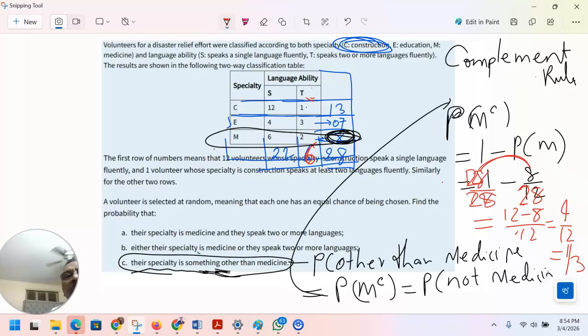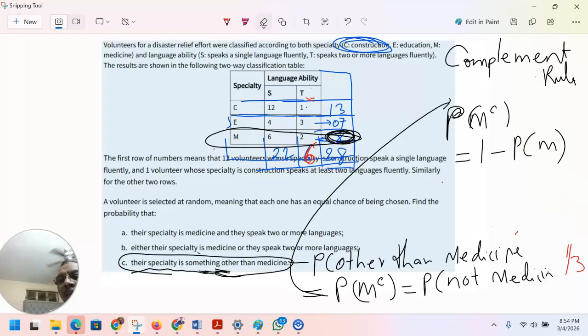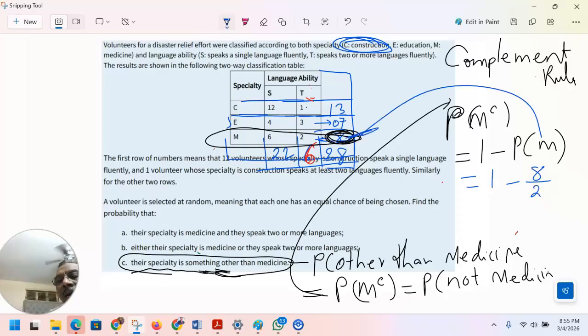And if you subtract here, let me clean this up again. So this is 1 minus, and again this part is 8 out of 28. Because there is a 28, I'm going to multiply both by 28 divided by 28.